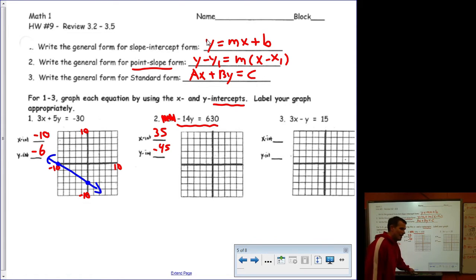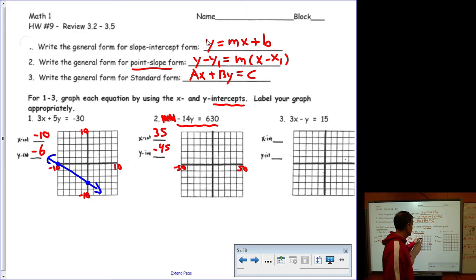All right, I'm ready to graph it. Again, I'm going to need to scale my graph correctly. I'm going to go to 50 on both axes. So the x-axis would be 10, 20, 30, 40, 50. I'm going by tens. And negative 10, 20, 30, 40, 50. The y-axis, I'm also going to go by tens.